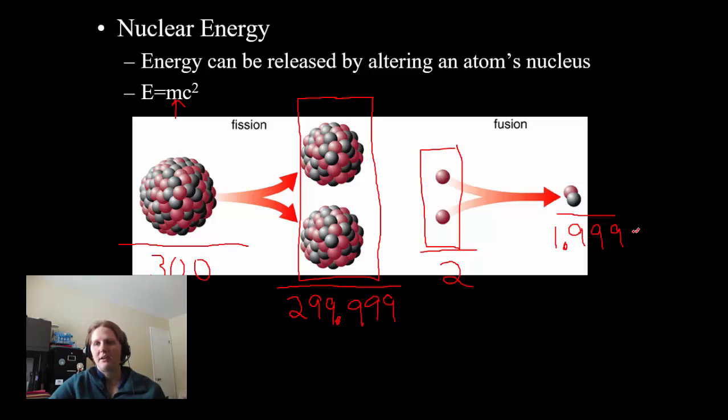Maybe 1.9999. Some of the mass is lost. Some of that mass was changed into energy. Okay. So that's fission and fusion. Changing the nucleus so that some of the mass can turn into energy.